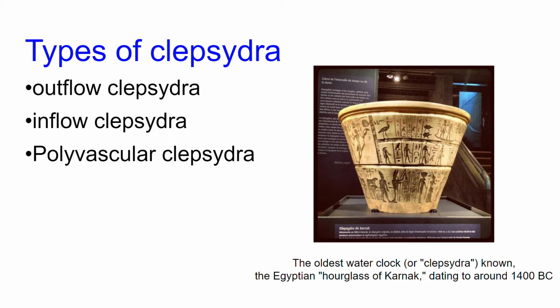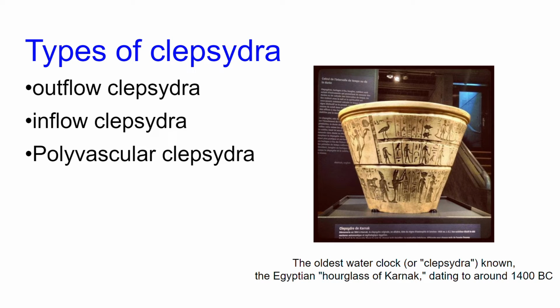The difference between them is that the outflow clepsydra tells the time by the scale of the container pouring the water, but the inflow clepsydra tells the time from the scale of the container accepting the water.